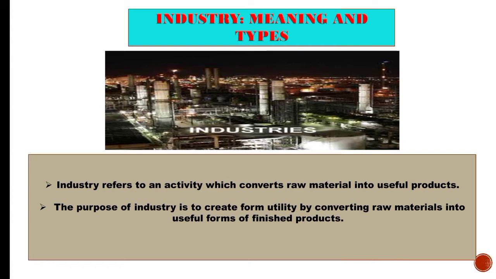Goods such as machinery, cement, etc. are considered capital goods, as these are used for further production processes. So it is clear that in industry, the activities such as production and processing of goods, where the raw material is converted into a useful product, all take place.